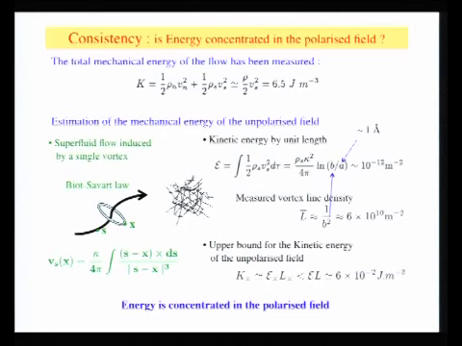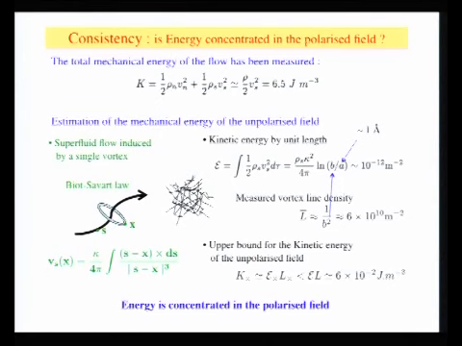This procedure is rather standard: if you take a single vortex, the velocity field around it can be estimated with the Biot-Savart law. If you integrate the kinematic energy along a vortex of unit length from the core size to some cutoff scale b, you get some kinematic energy.